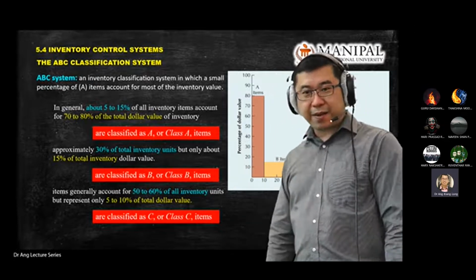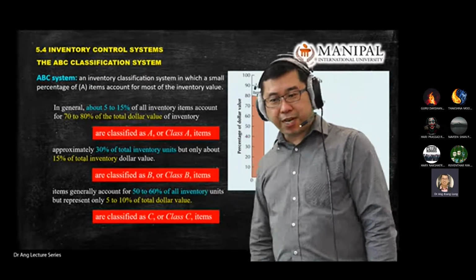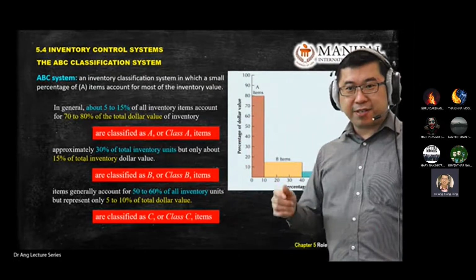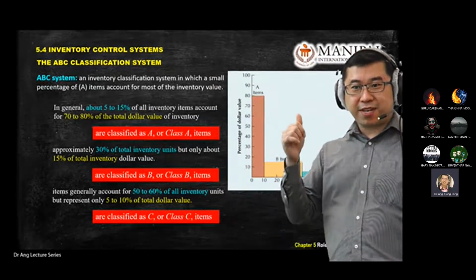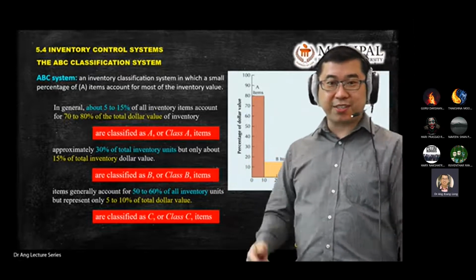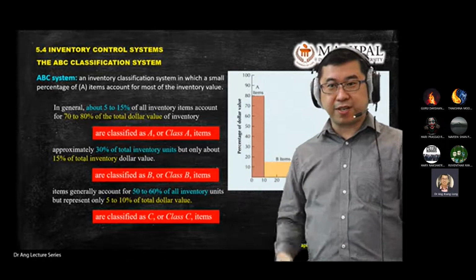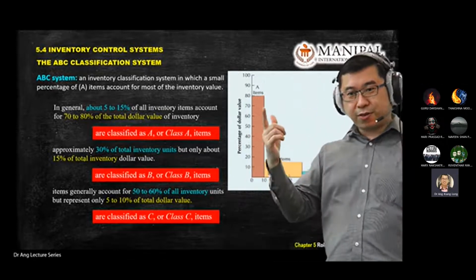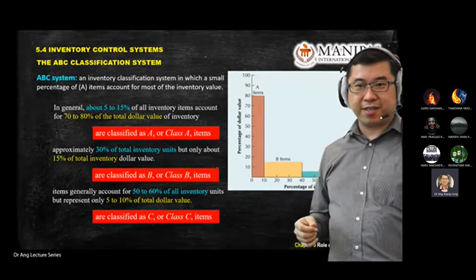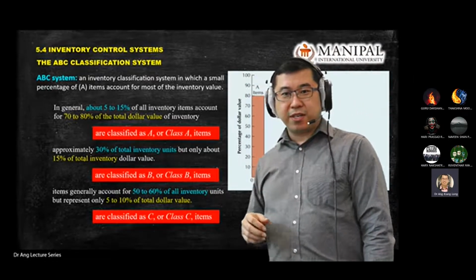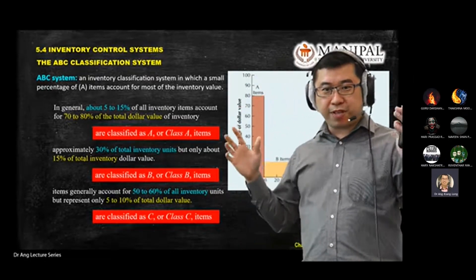Example of class A items. For example, sometimes you see cars in the mall, right? You see television, you see computers, maybe washing machines, those expensive items.